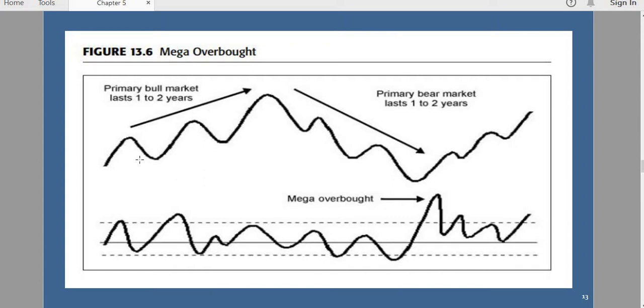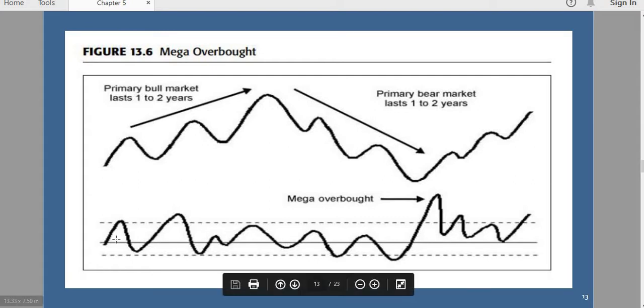For example, in this chart, the price shows the complete cycle of bull and bear market. During this cycle of uptrend and downtrend, you can see the ROC touching overbought a few times and also oversold a few times.